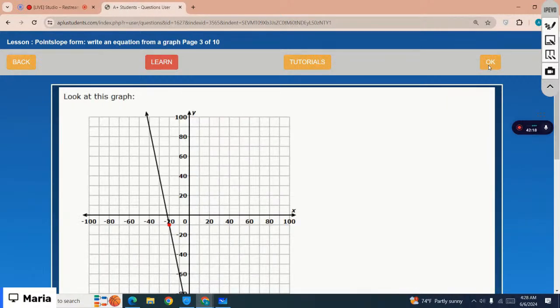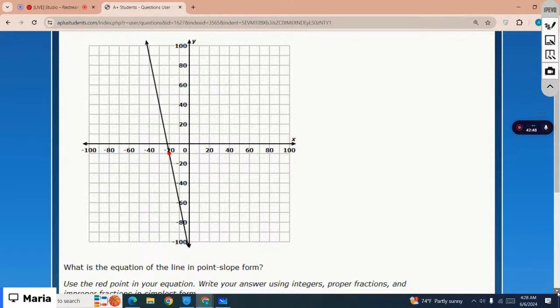Look at this graph. Write down the equation in the point slope form. So which is the correct option?